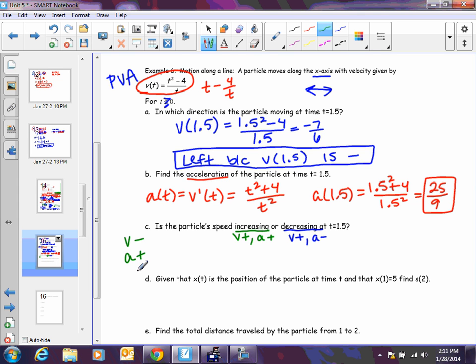Hopefully you're not backing up that fast. But think about it. Your velocity is negative, and negative 2, negative 4, negative 5, negative 10. What's happening to velocity? Is it increasing or decreasing? Decreasing. Velocity is decreasing.